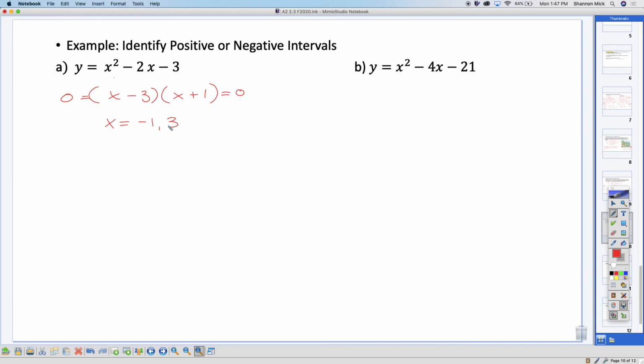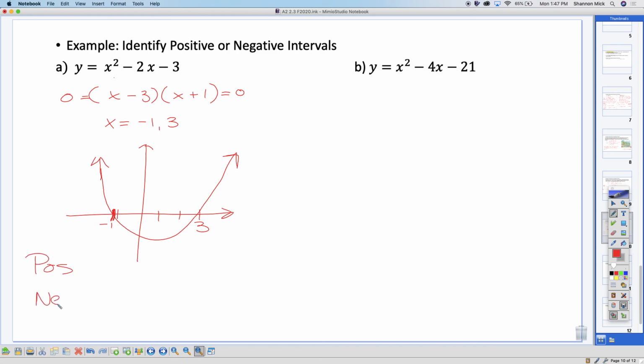Okay, so now it goes through negative 1 and 3, and it opens up. I always put on my paper positive, negative, and we always start at negative infinity and always end at positive infinity.